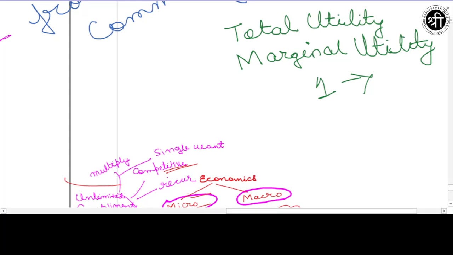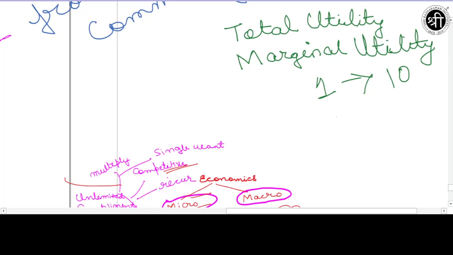Like if after 15 days or 1 month you consume a rasagulla, it will give you immense pleasure, immense satisfaction. So if you consume one rasagulla and your friend asks how is it, you might tell him that it is 10 out of 10. Okay, it is 10 out of 10.